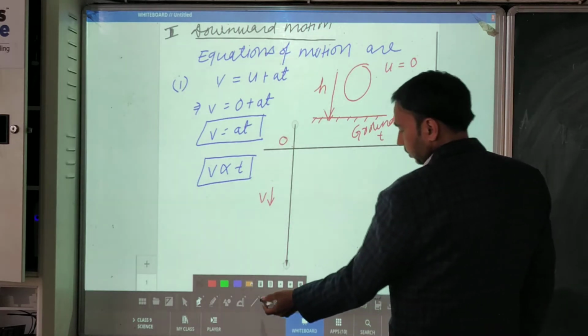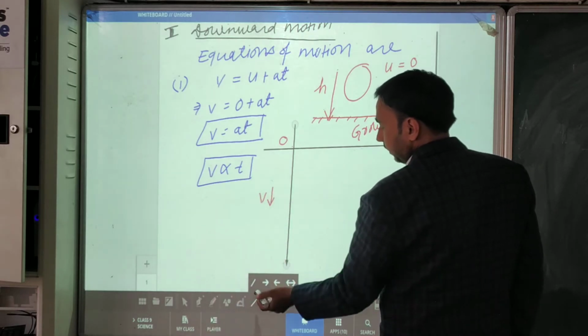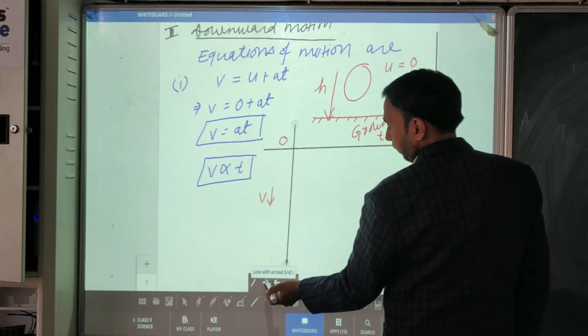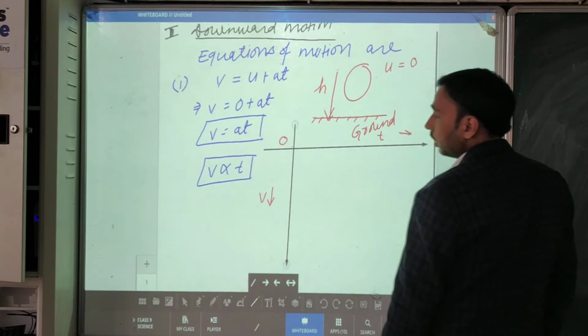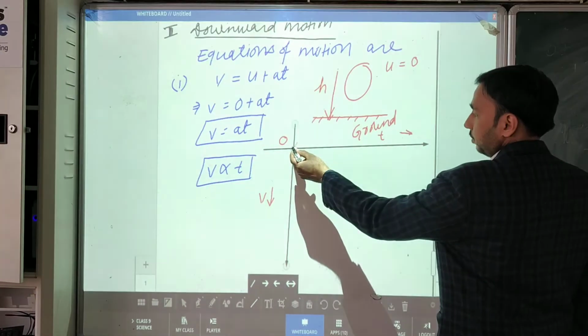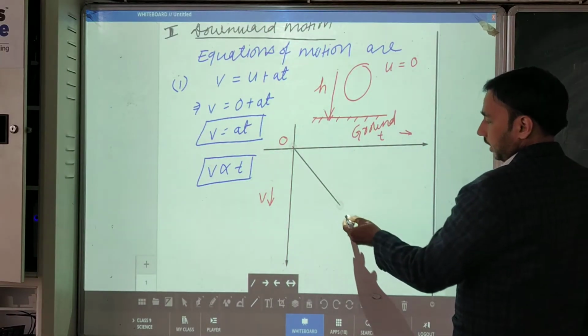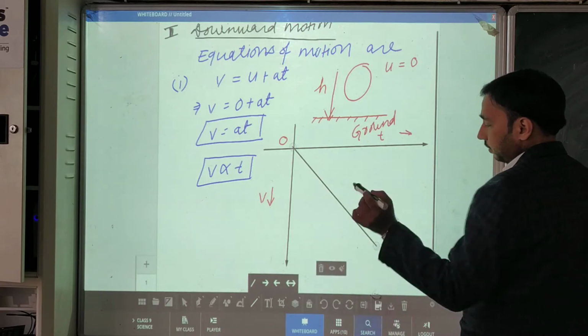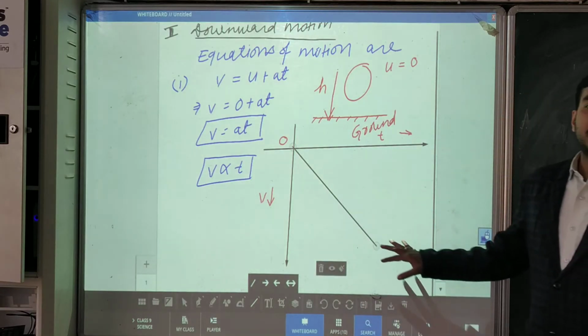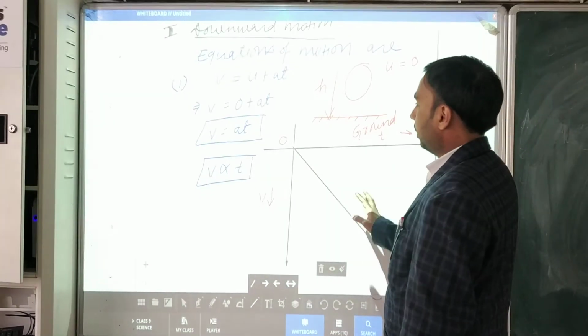Since there is a direct variation between the velocity and the time axis, we can go for a direct relation. As you can see, the graph will be a straight line. So this is the number one case.